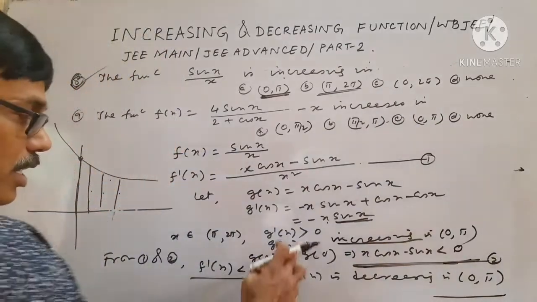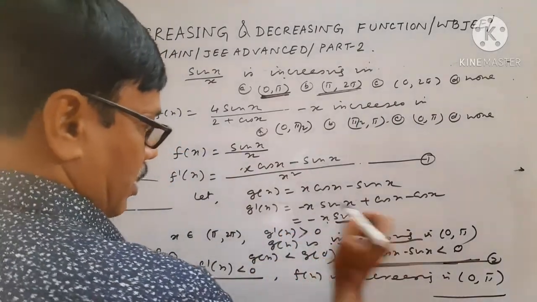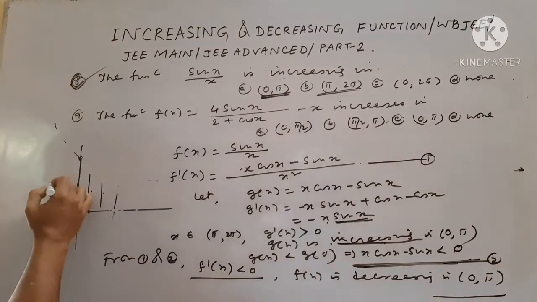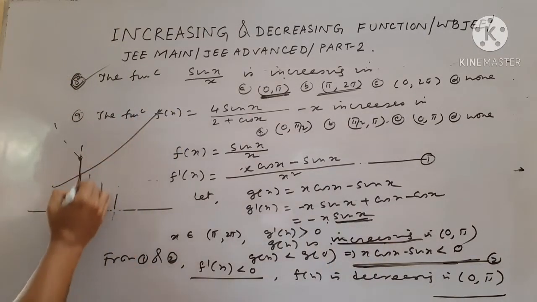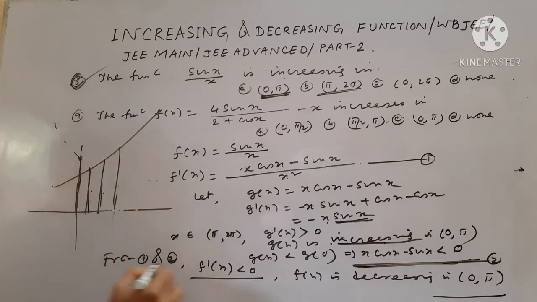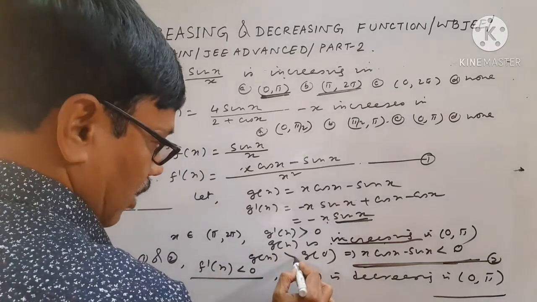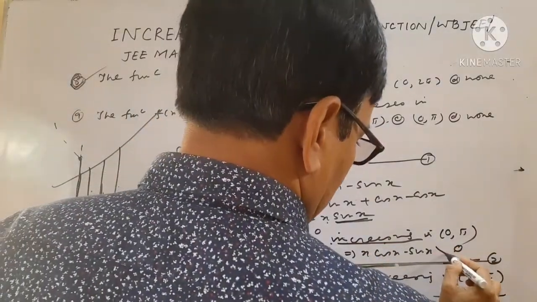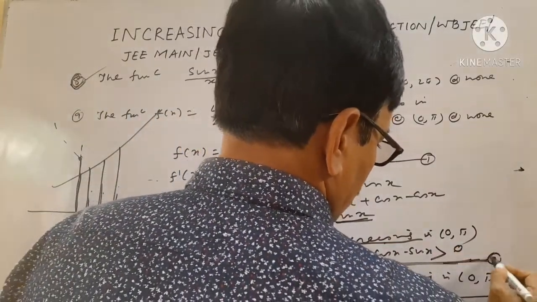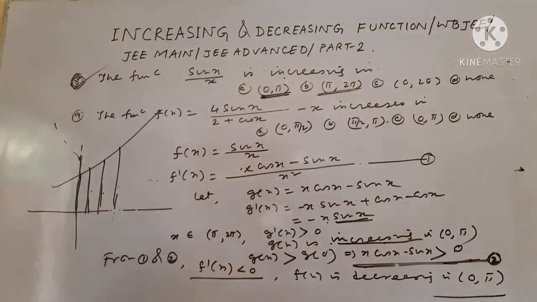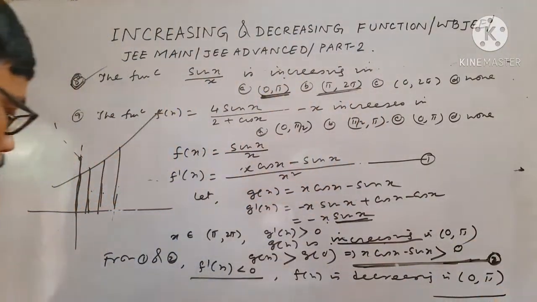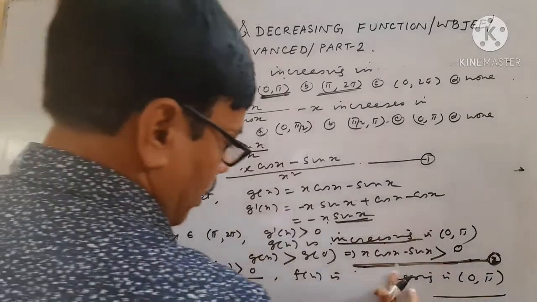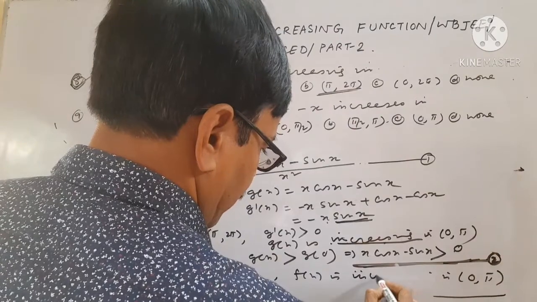Now for an increasing function, the figure will be like this. So these are g(x). In this case, g(x) is greater than g(0). Therefore, x cos x minus sin x greater than 0. This is 2. So from 1 and 2, f dash x greater than 0. So f(x) is increasing.